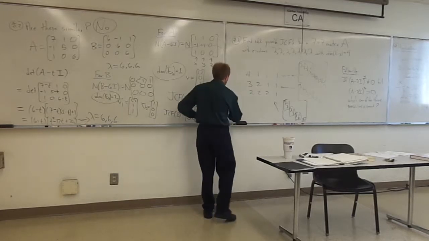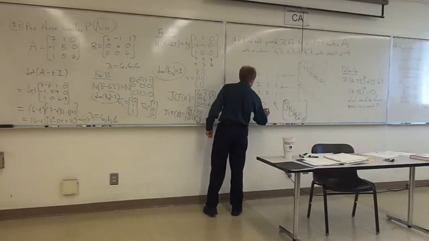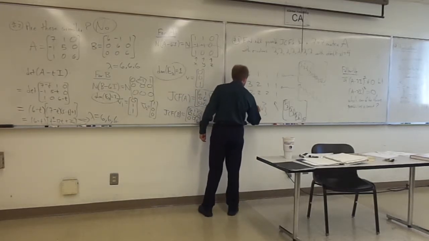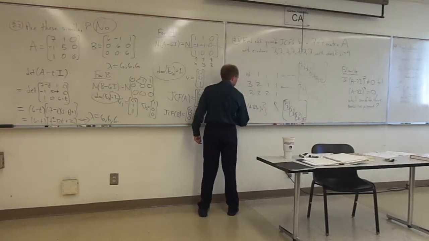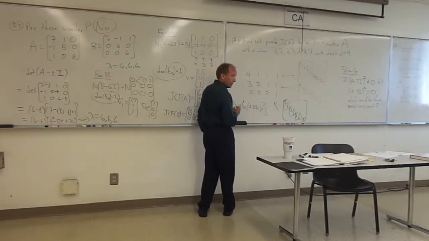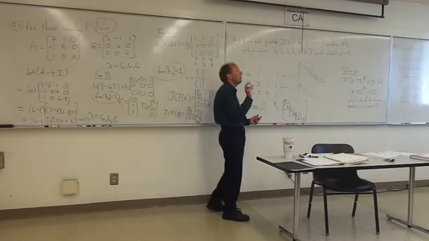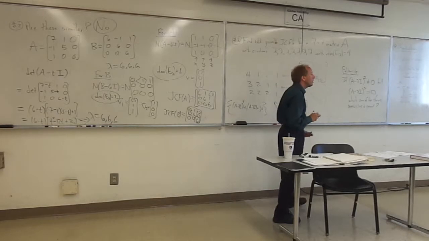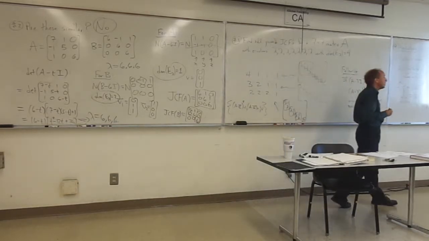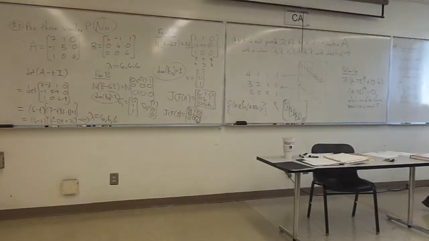Let's think about how the cycles look. So the cycles are, here's V. We have A minus lambda I V, then we have A minus lambda I squared V. And I've said A minus lambda I squared is not 0. Guys, if you have a matrix that is not 0, then there must be some vector out there that survives that matrix, right?